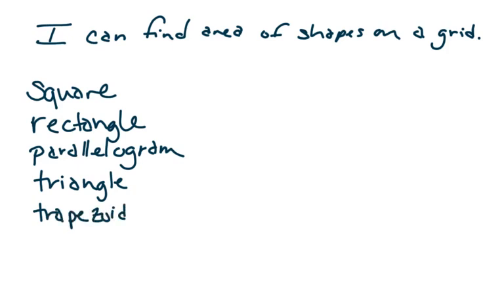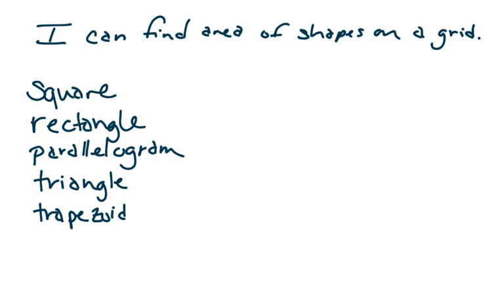And then we talked about surface area of rectangular prisms, of boxes. With all those shapes, you had a drawing in front of you that had some dimensions, lengths and widths labeled for you. Today we're going to talk about what happens if you get a shape that doesn't have any sides labeled, but it's just on a picture on a grid.